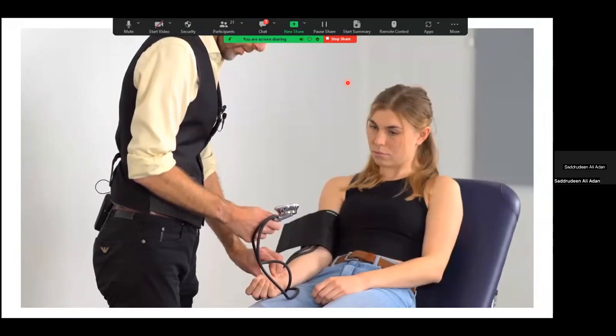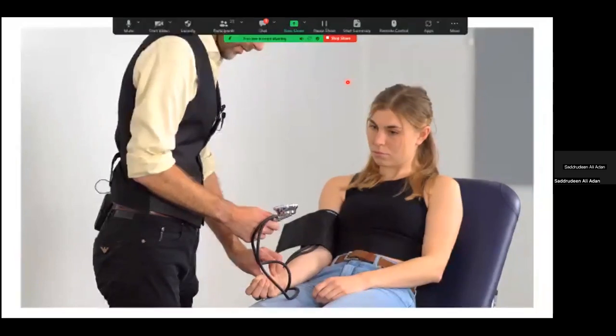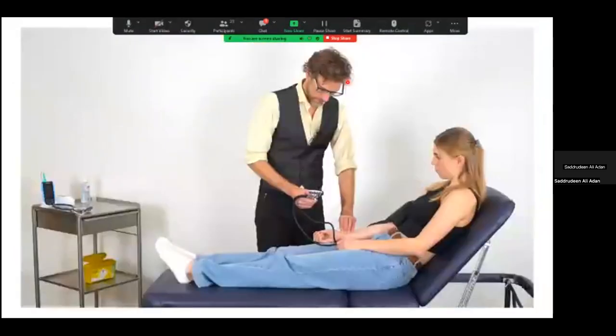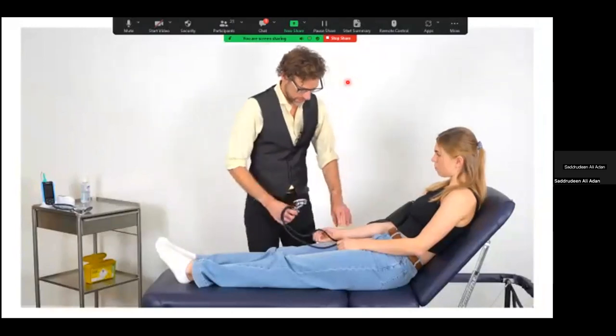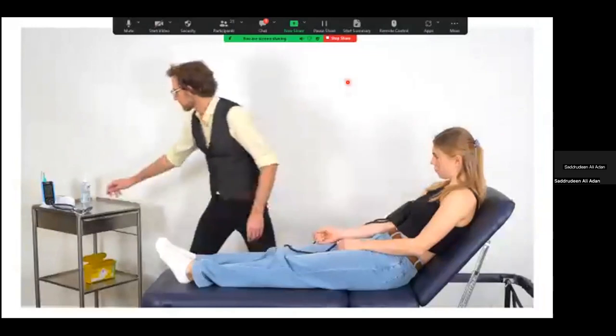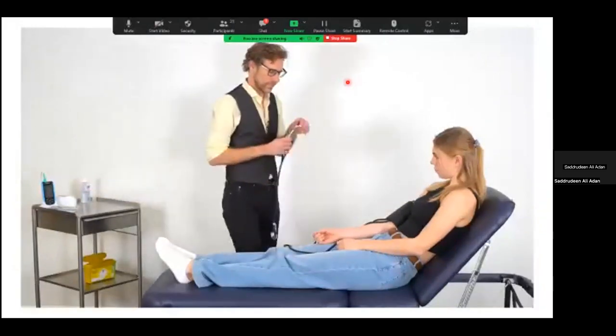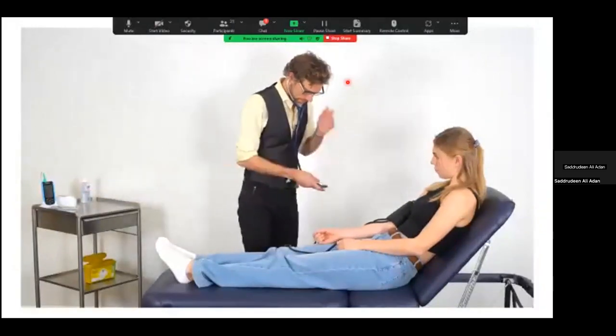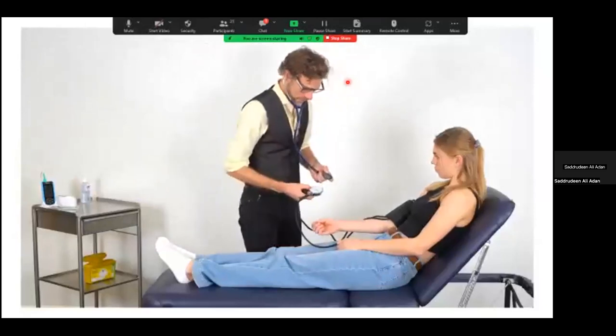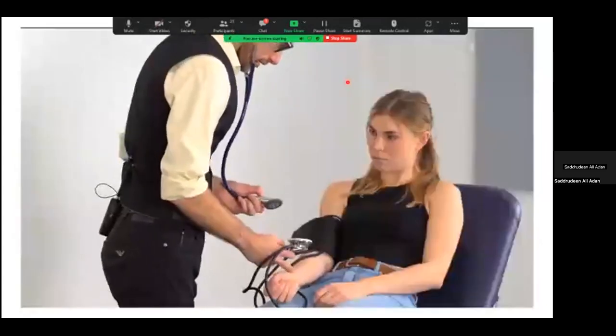So the pulse has disappeared. And the pulse returns at about 98. Okay, so we're just going to do that again with the stethoscope. Okay, you can relax the arm for me.